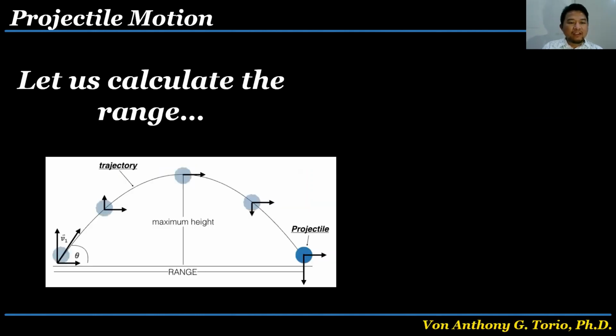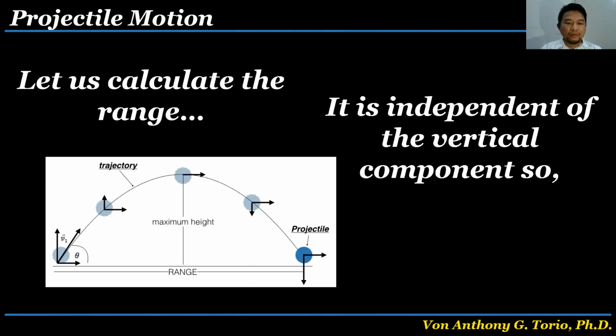Now, we can have an expression for the range as well as the maximum height for easy reference in calculations. Later, when you do calculations with projectile motion, you'd note that you will be needing basic concepts and equations associated with it, so that you'll be able to easily solve problems related to projectile motion.